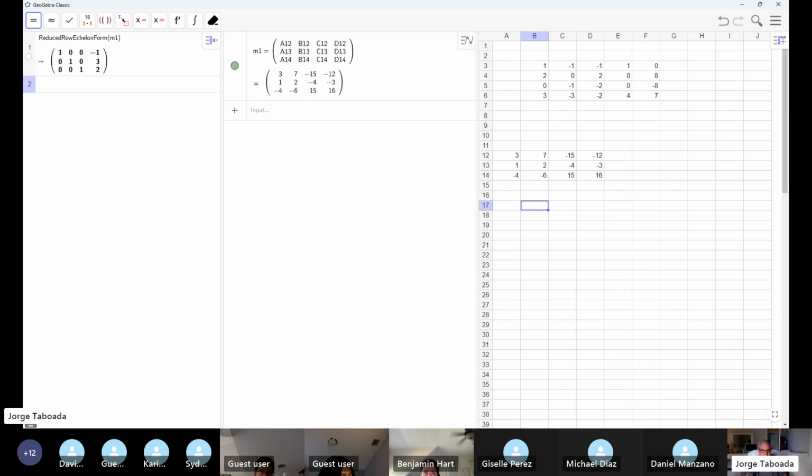Suppose overdetermined. What does overdetermined mean? It's more equations than, oh no, suppose, let me try to find one example. No, I don't have one. Can I create one mentally?